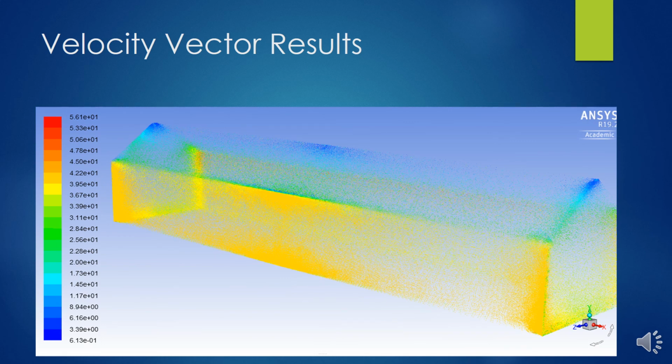And for this velocity vector result, I used the 90 mile an hour wind gust, in order to determine that the range is slightly lower. However, the colors remain the same. I'd say this one ranges from 4.22 to 4.5.